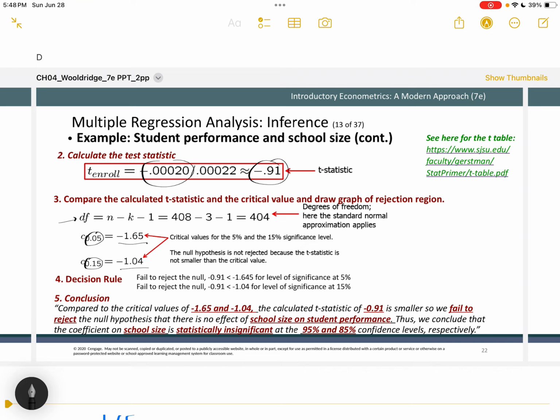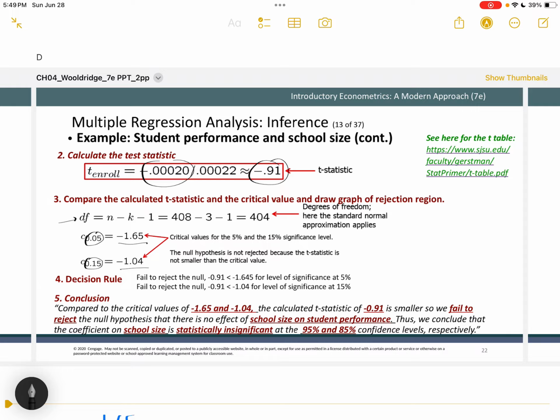Okay, what's the conclusion here? I have the conclusion down there. Pause the video and read it to yourself. But what it says is that based on the two critical values that we have, the t-test statistic is much smaller, and so it falls in the fail to reject region, and so we fail to reject the null hypothesis of no effect between school size and student performance in math.